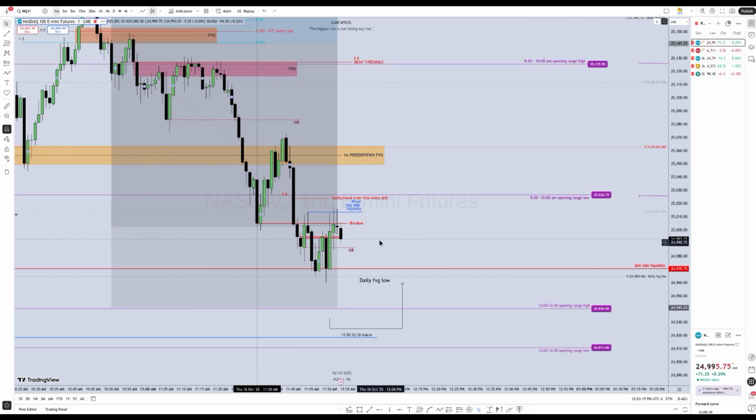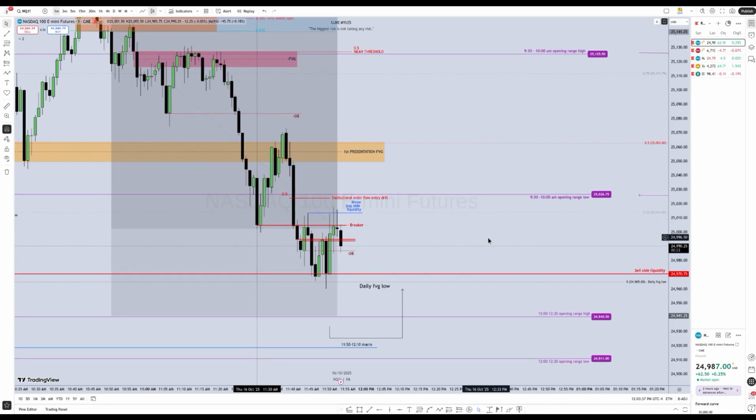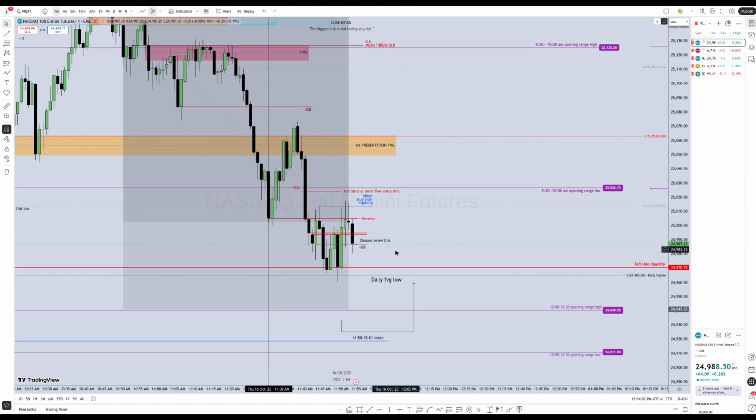Okay, so at the volume imbalance right there, if the market can give us a closure below that, that would be nice, and a closure below that line with the negative OB. As you can see right there, I'm expecting closure. Now this, if you reach a level of doing this, then that's an achievement.